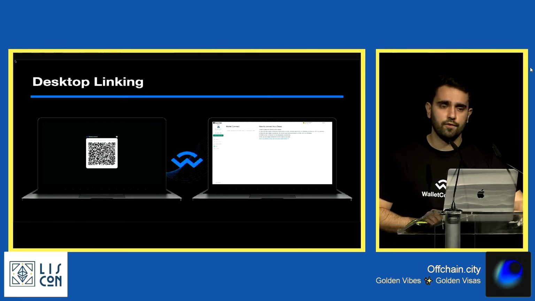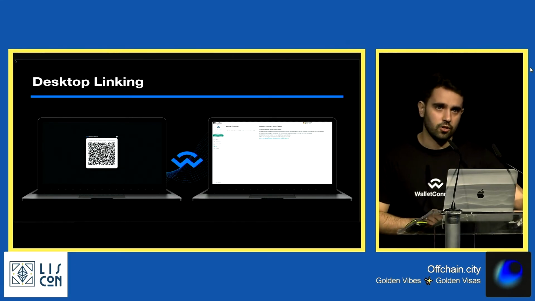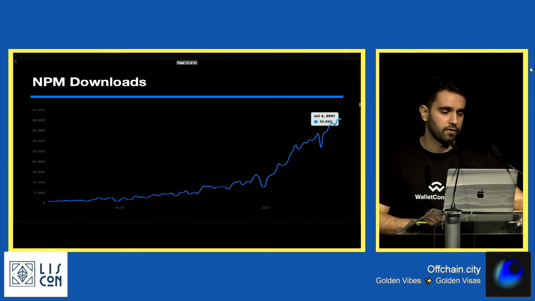You can have, for example, Gnosis Safe that enables you to connect your multi-sig to any app between two browser tabs. And we have even other desktop applications now, like Encrypted Ink, that you can install on macOS, and it will connect through WalletConnect to any browser, whether it's Safari, Chrome, or Firefox.